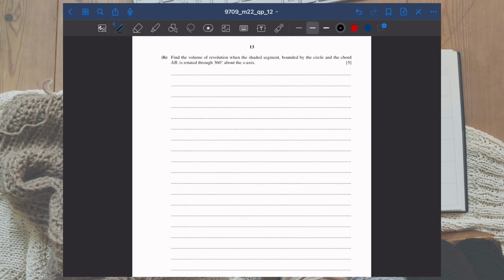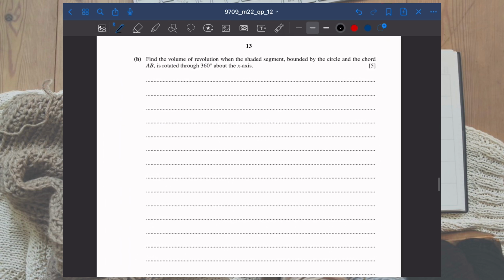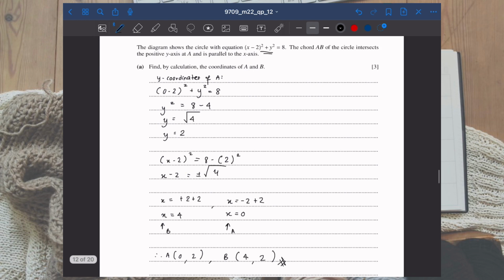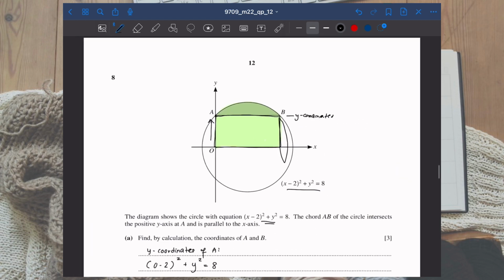Part B. Find the volume of revolution when the shaded segment bounded by the circle and the chord AB is rotated through 360 degrees about the x-axis. So we want the volume of revolution for this particular segment.